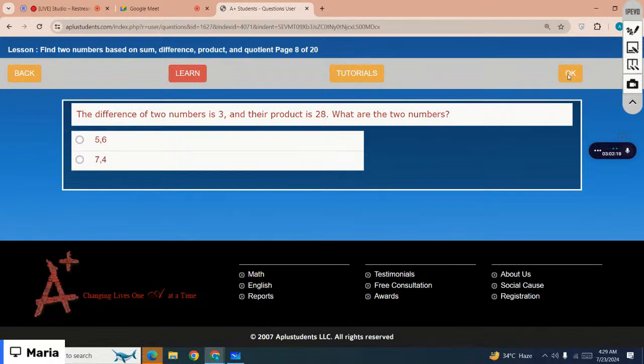The difference of two numbers is 3 and their product is 28. What are the two numbers?